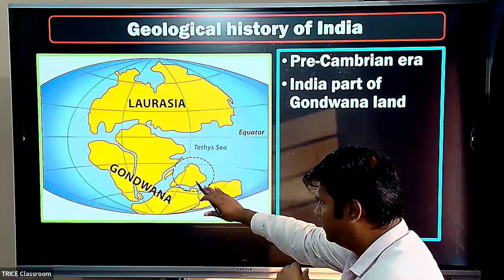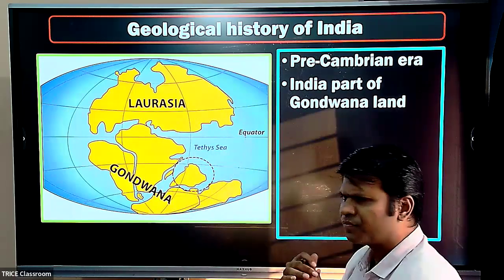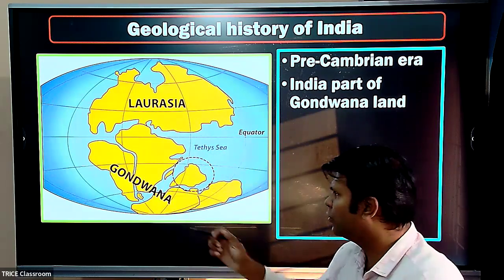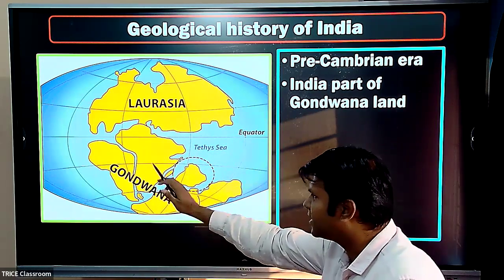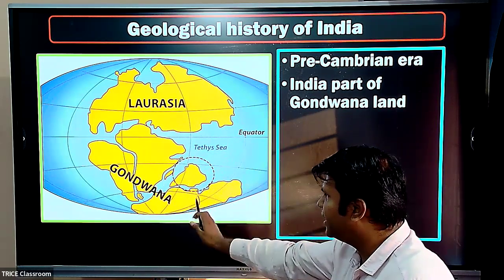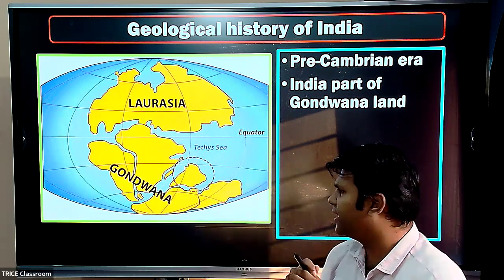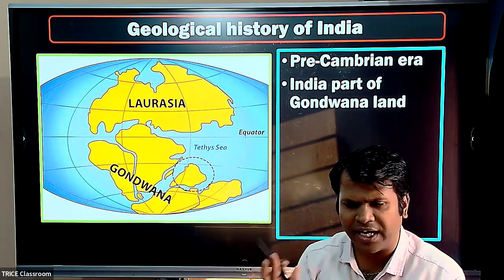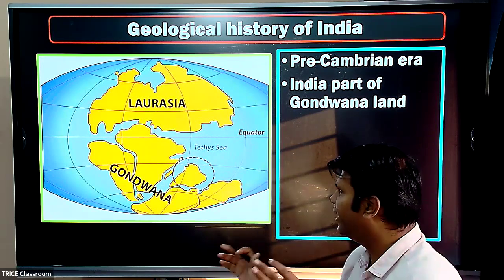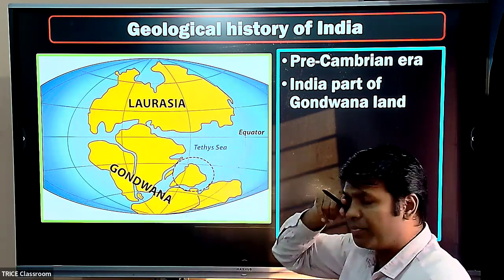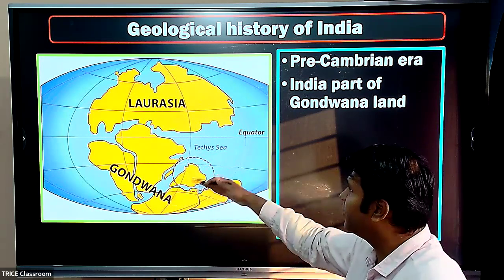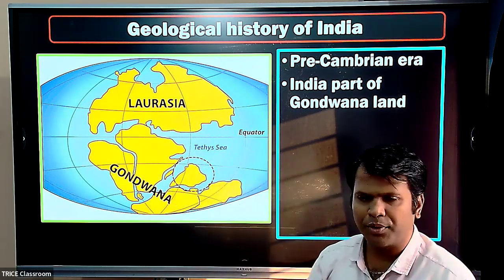India was part of the Gondwana land. We already understand that South America, Africa, India, Antarctica and Australia were all one single landmass, right? When the Laurasian plate was formed, over a period of time even Gondwana got broken up.